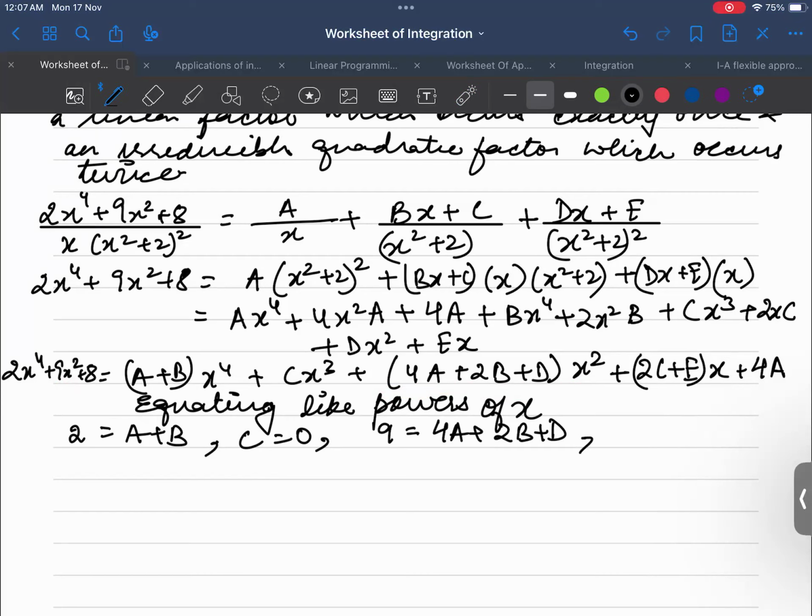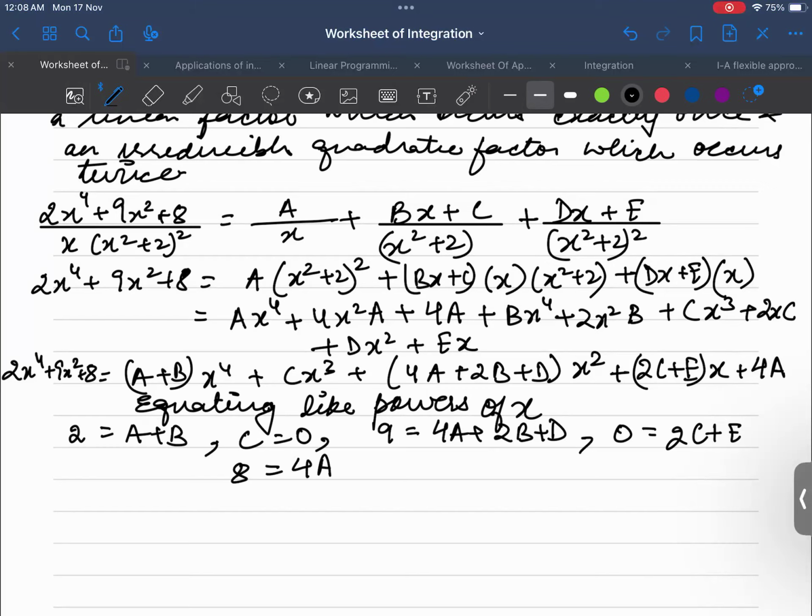9 equals 4a plus 2b plus d. And in the x term, there is nothing like x here. So 0 equals 2c plus e. And the constant term: 8 equals 4a.